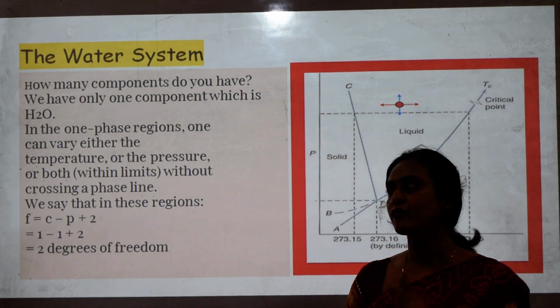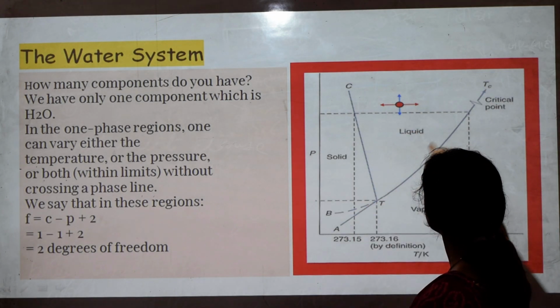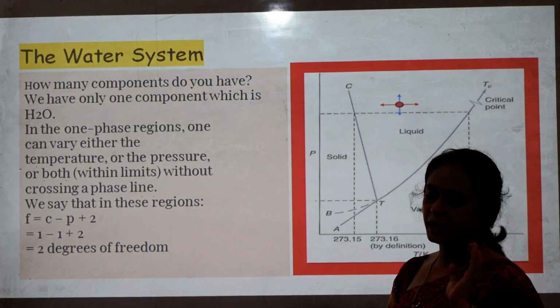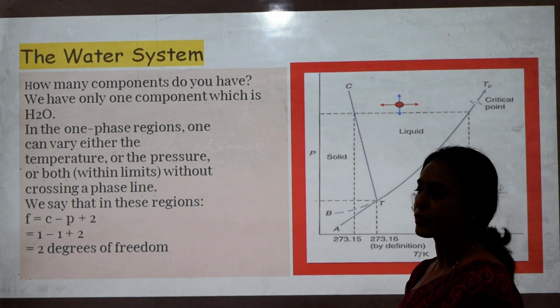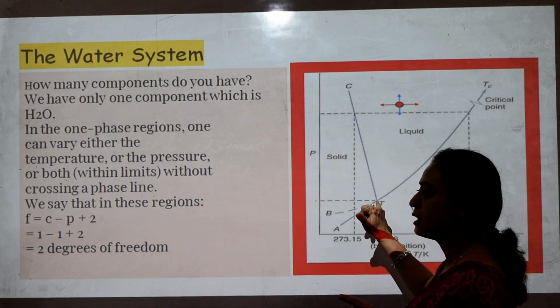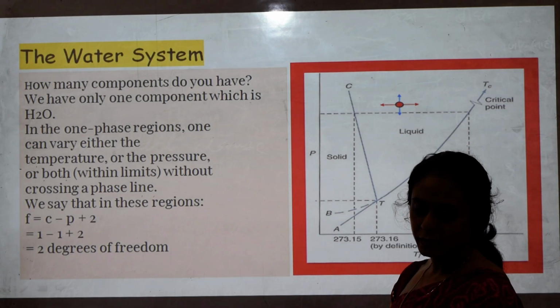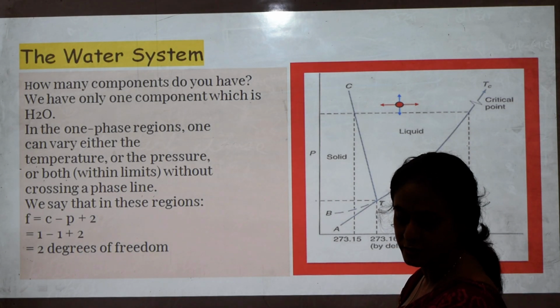Lines are having 2 phases, and in the areas, this particular area and this ATC area, only 1 phase is present. On a line 2 phases are present, and at point T where all the 3 lines merge, it has degree of freedom 0 because it is having all the 3 phases.